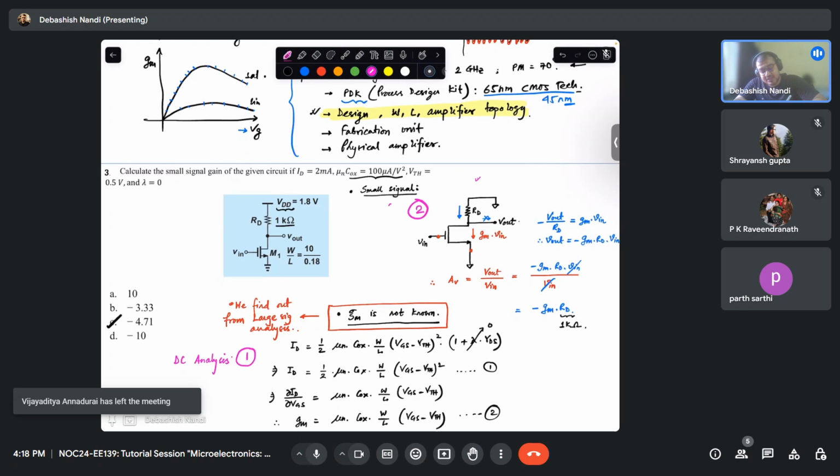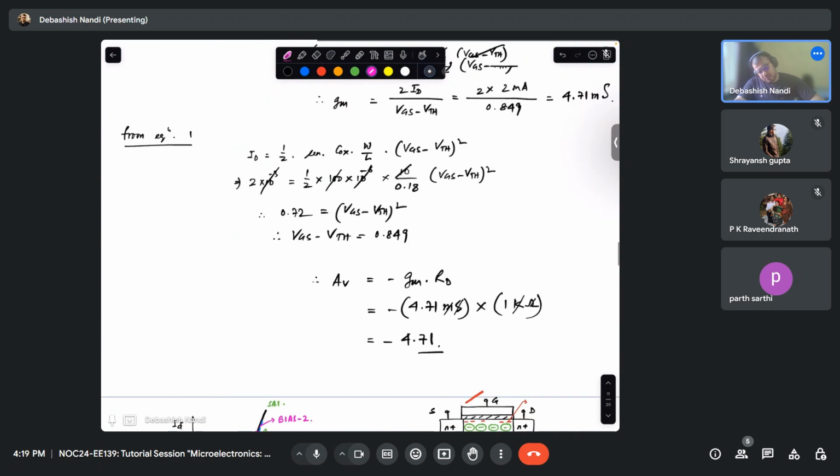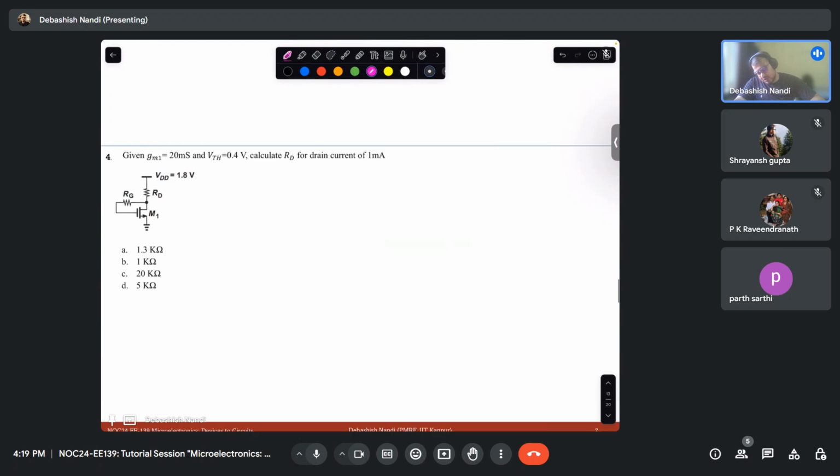If you start with small signal analysis, let's say in your GATE exam or some other exam, you will lose more time. So it is better to start with the DC analysis, find out the GM and other required parameters, and then go for the small signal analysis. That is how it has been taught in all the reference books also. Okay, so let's move on.